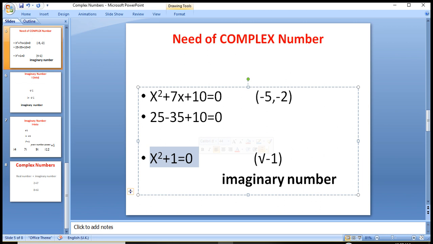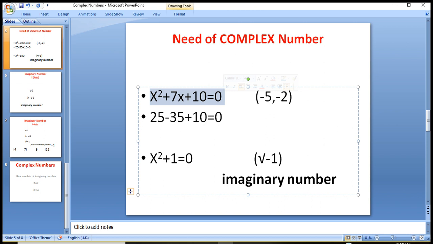Because if we put 5, 5 square is 25, plus 1, it's 26, which is not equal to 0. So I want to say there are many quadratic equations that can be easily solved by putting real numbers.